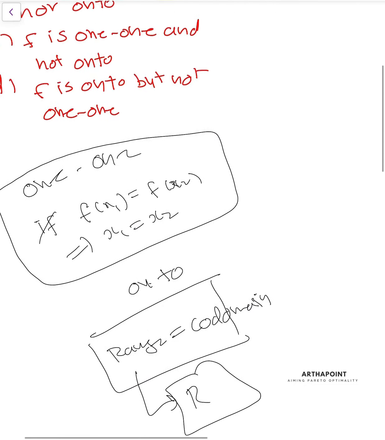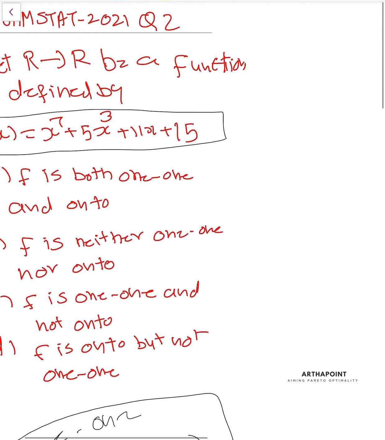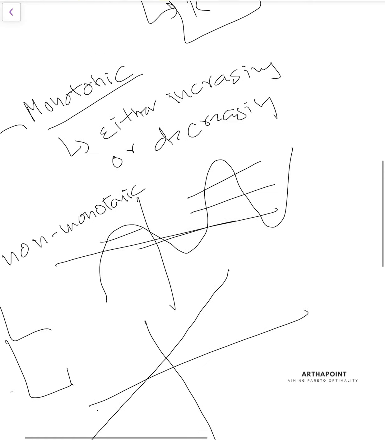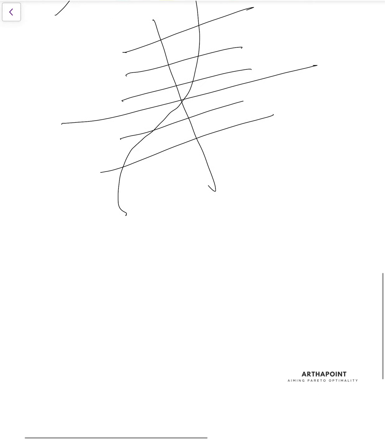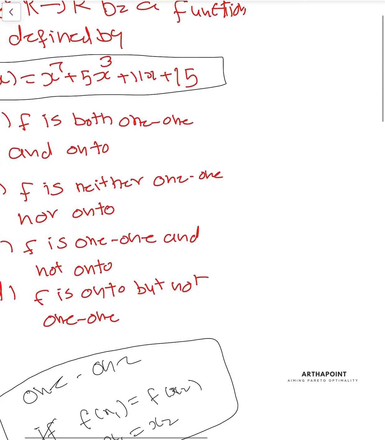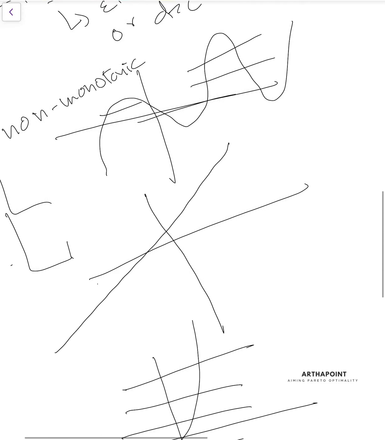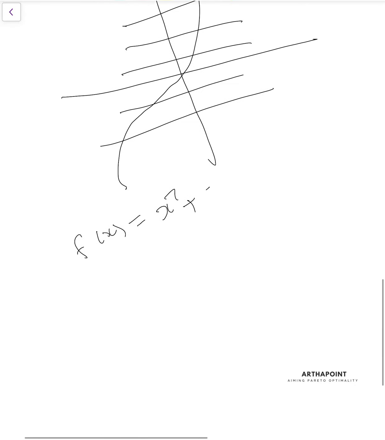So to find whether this given function is 1-1 or not, what do we do? We will differentiate it to see if f(x) is increasing or decreasing. f(x) is x raised to the power 7 plus 5x cube plus 11x plus 15.